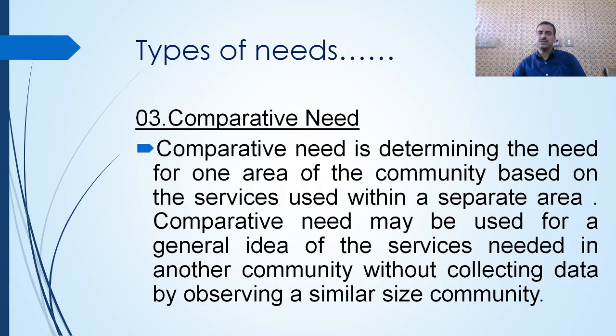Comparative need is determining the need of one area of the community based on the service used within a separate area in another community. Comparative needs may be used for general areas of service needed in another community without collecting data, by observing a similar size of community.